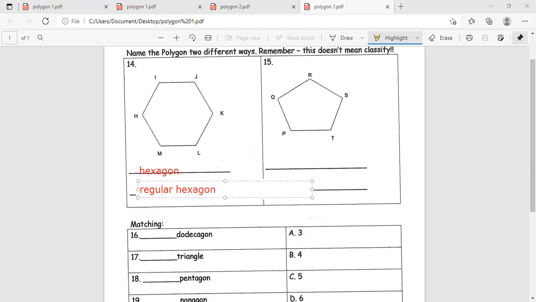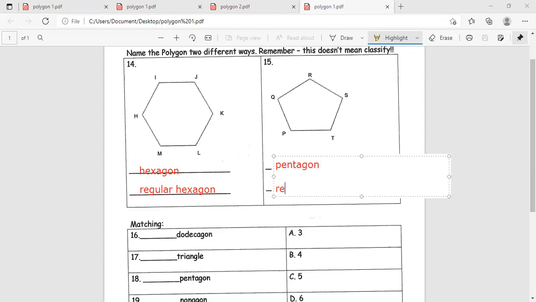If we move to the next figure, what is this figure? Count: 1, 2, 3, 4, 5. So this one is a pentagon. And also this one is a regular pentagon, right?